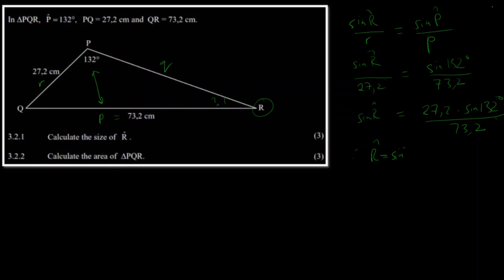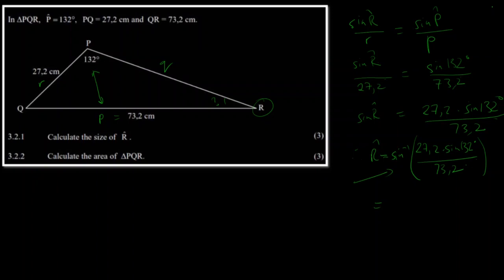So again, that's inverse sine. So it's 27.2 sine of 132 degrees, everything divided by 73.2. The reason I'm doing it that way is because that's what you punch into the calculator. No rounding, as you'll notice.